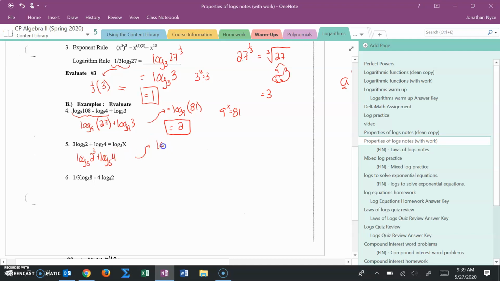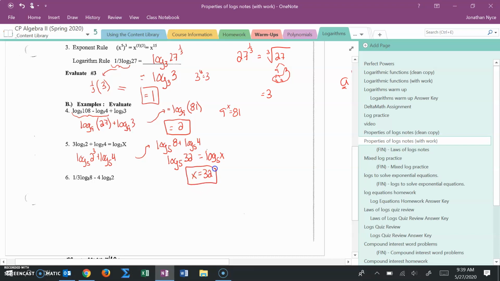So 2 to the 3rd power is 8, so we have log base 5 of 8 plus log base 5 of 4. And since we're adding, we can multiply the arguments. Log base 5 of 8 times 4 is 32. And this is still all equal to log base 5 of x. So then x must be 32.